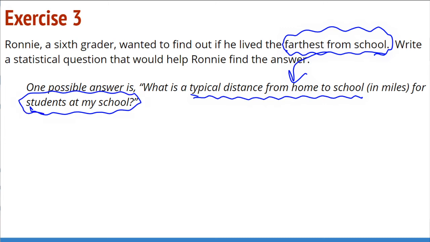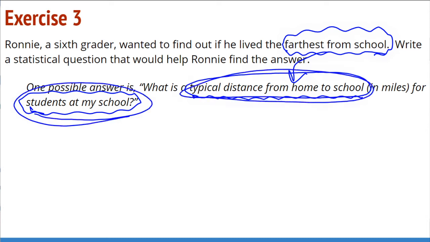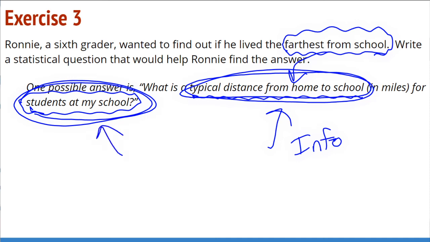Here I have the data that I'm collecting, and here I have who I am collecting it from. It is the who I am collecting it from that will give me the opportunity for variability. I'm asking several hundred or maybe thousand students how far they live from school. So there could be a lot of variety in those distances.